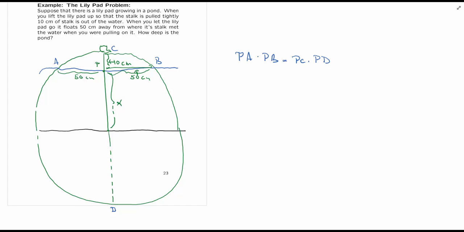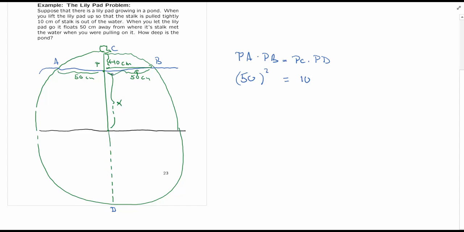Well, we know that PA and PB are both 50, so this gives me 50 squared is equal to PC, which we also know is 10, and PD is this remaining part here.